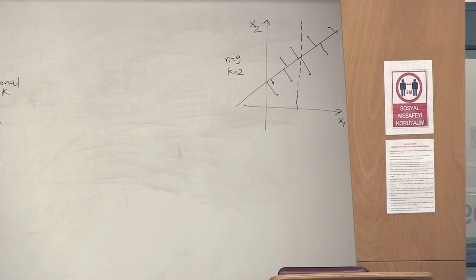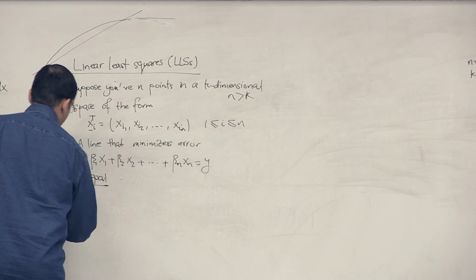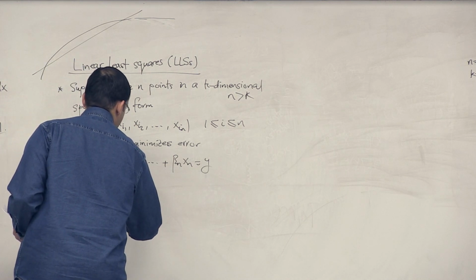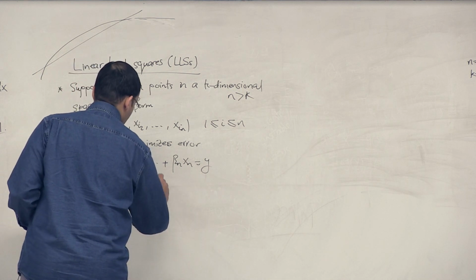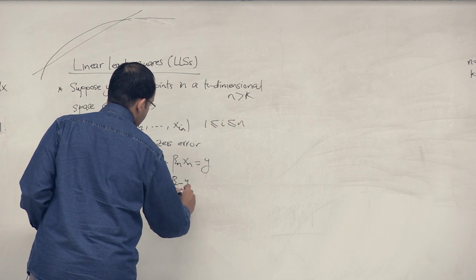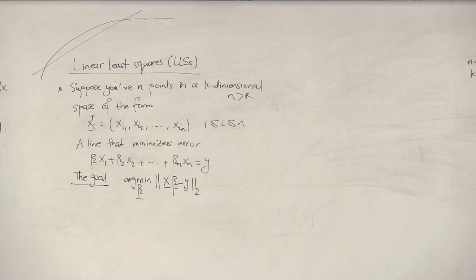Let's write the setup again. So the goal of the problem we are trying to handle here is to reach argmin over beta of the norm of the matrix X beta minus Y. And we will pick norm 2 here because it is pretty much the best metric you could operate with.